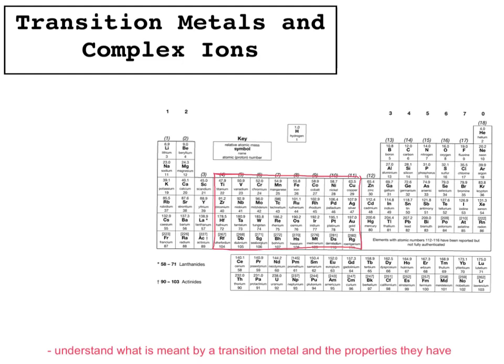The reason why scandium and zinc are not transition metals in that period is due to the definition of a transition metal. The definition of a transition metal is that the element forms at least one stable ion with a partially filled d orbital.